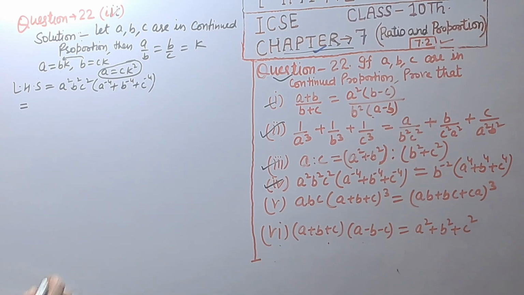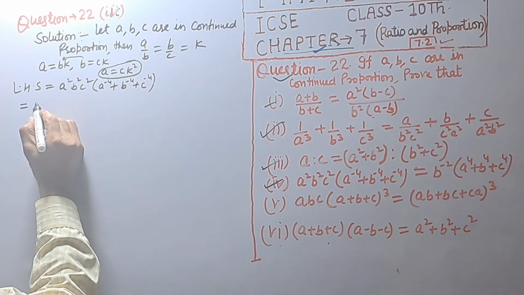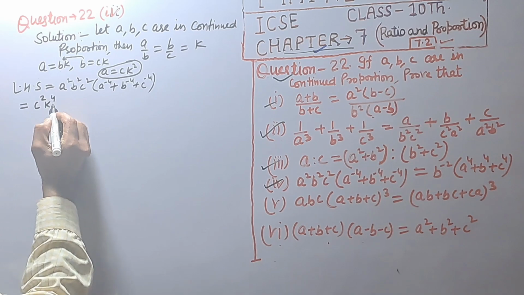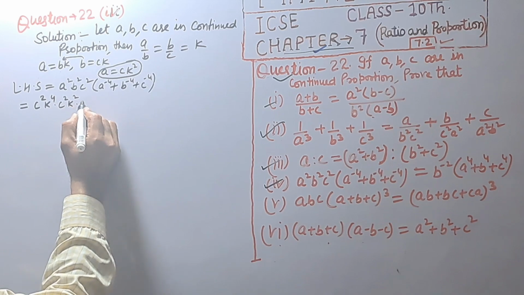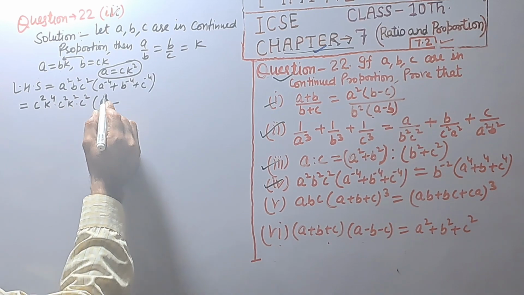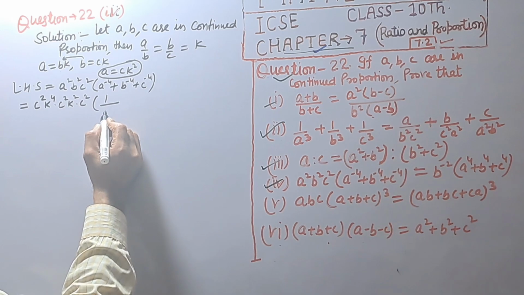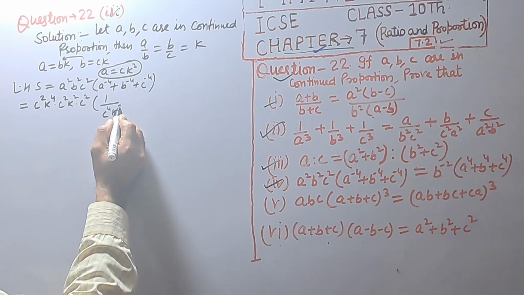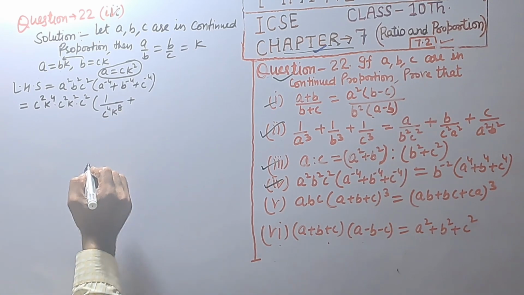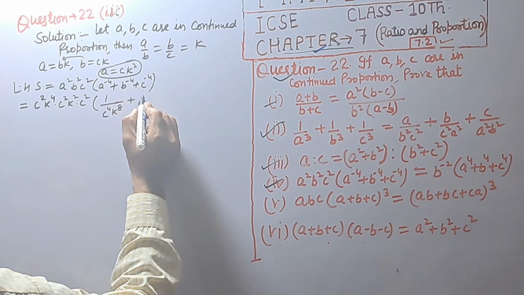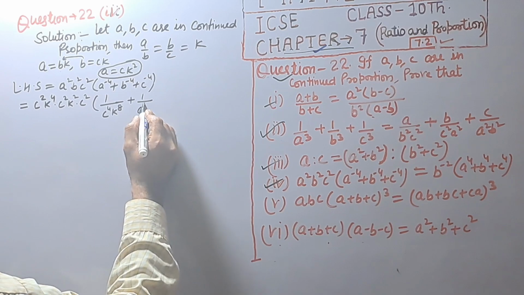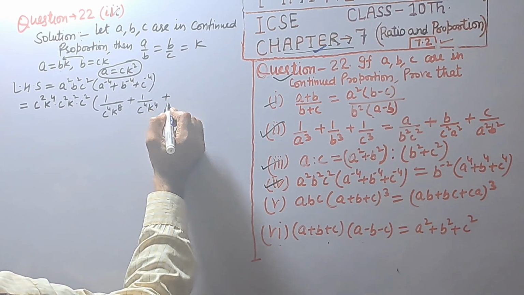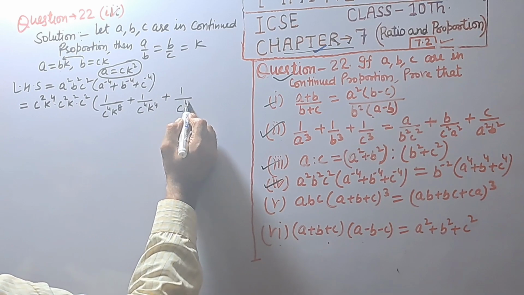That is equal to a square is c raised to power 2 k raised to power 4, and b square is c square k square, c square as it is, into 1 upon a raised to power 4, that is c raised to power 4 k raised to power 8, plus b raised to power minus 4, that is 1 upon c4 k4, plus 1 upon c raised to power 4.